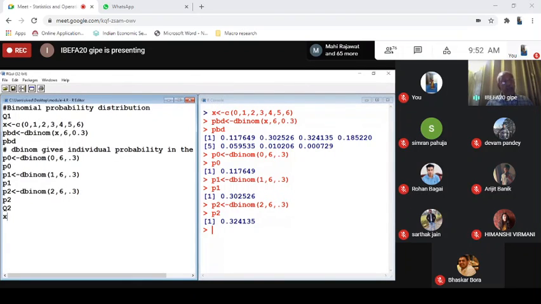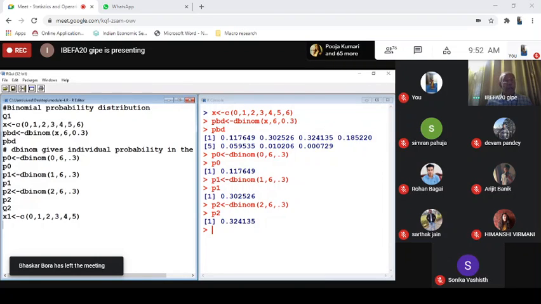So my x or xy, any notation you can use, I denote it by x1. This is my perfect drills.